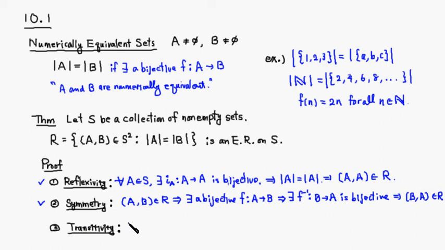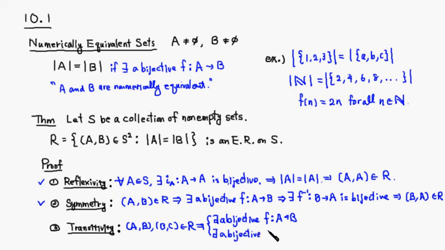And transitivity. We assume that the set A is related to B and the set B is related to C by this relation, which means there exists a bijective function f from A to B, and also there exists a bijective function, let's call it g, from B to C. Then we can compose these two bijective functions to create another bijective function.